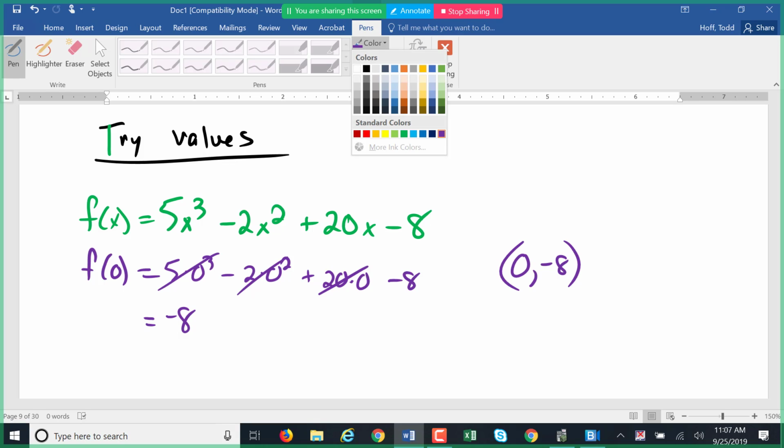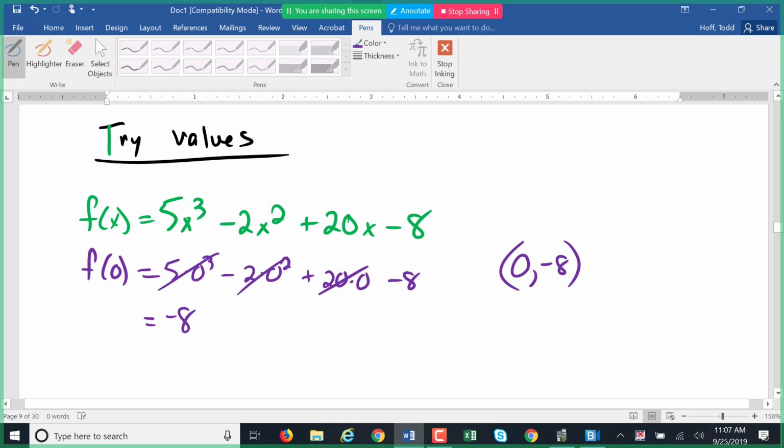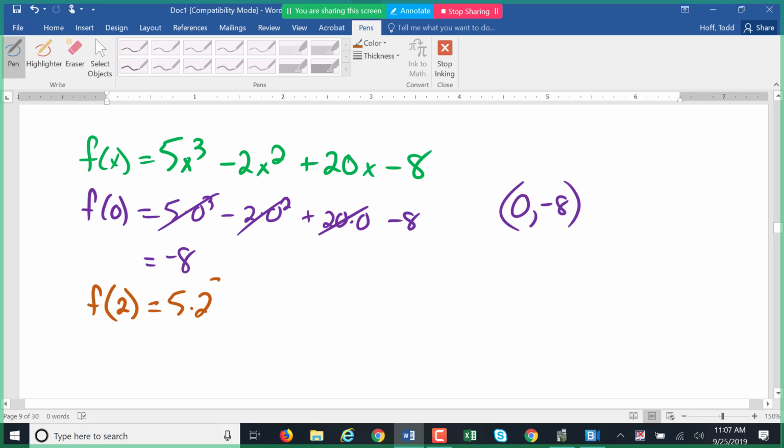If I try x equals 2, f of 2, well, that'll be 5 times 2 to the third minus 2 times 2 squared plus 20 times 2 minus 8.